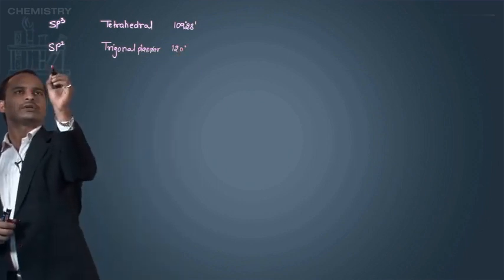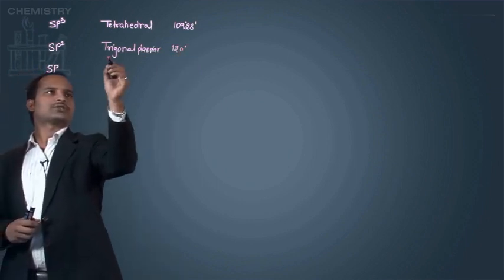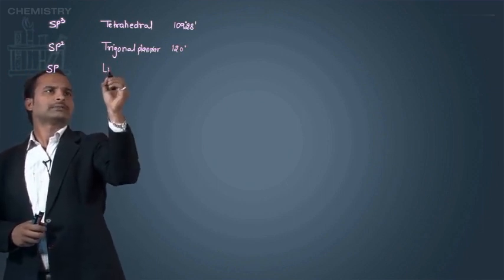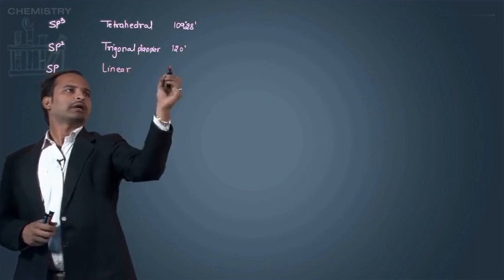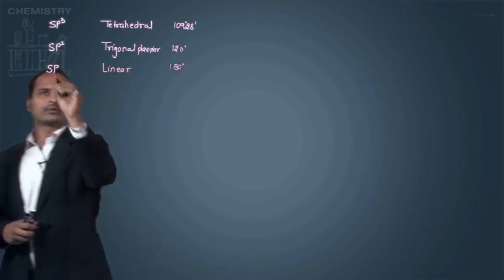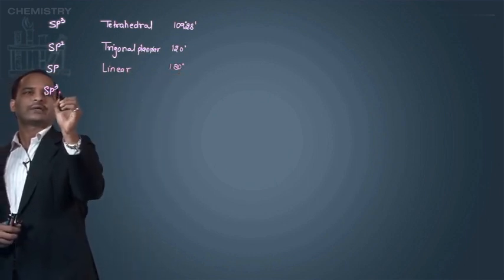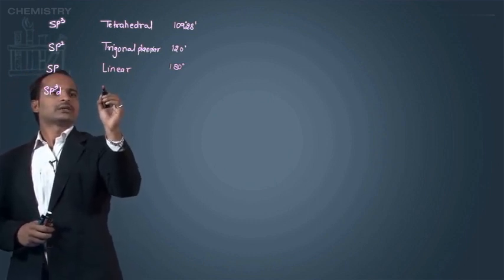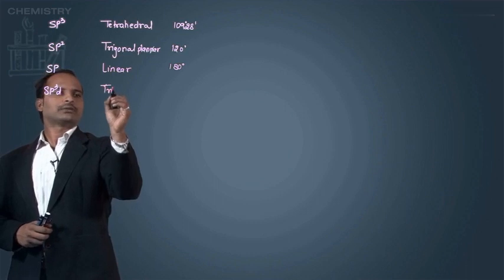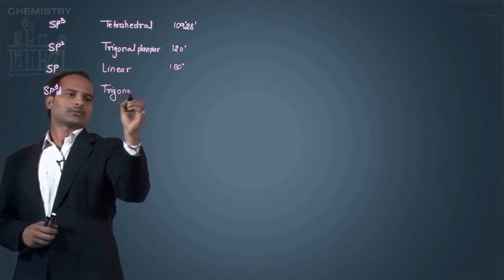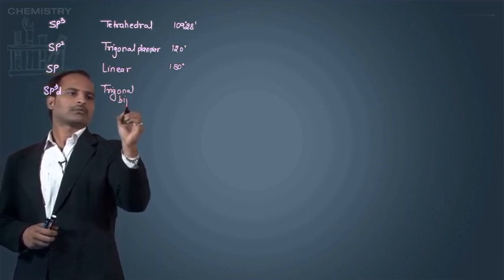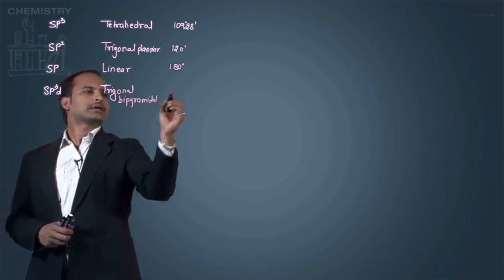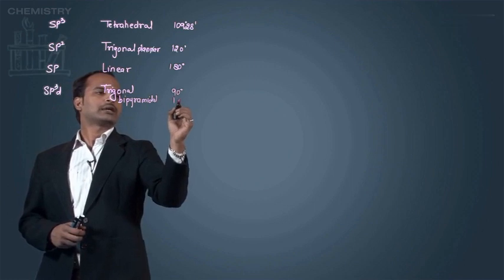If any molecule is undergoing sp hybridization, then the geometry is going to be linear and the bond angle will be 180 degrees. If it is sp3d hybridization, then the geometry is trigonal bipyramidal and the bond angles are 90 degrees and 120 degrees.